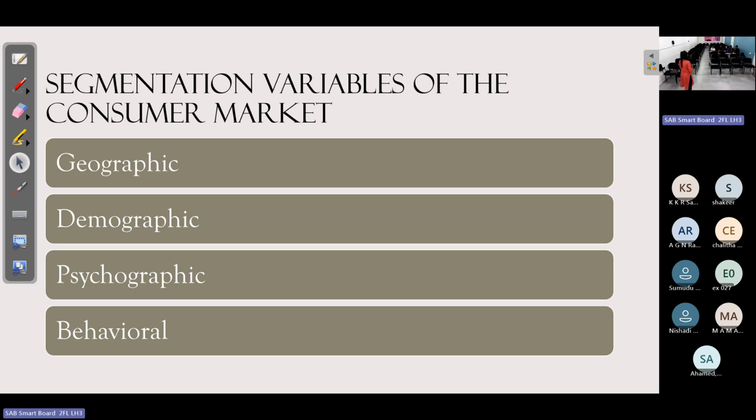Also, in terms of rural and urban areas, sometimes there are fashion differences. The foods that they prefer can differ, and even the other products that they use can differ. So based on that, we can differentiate our products.